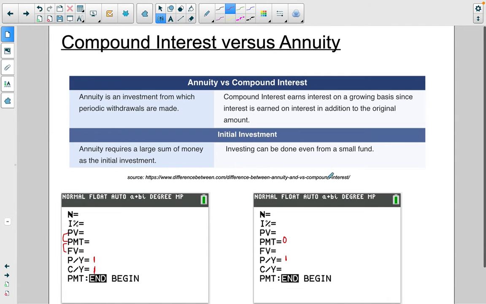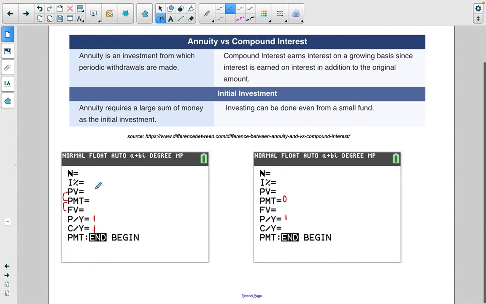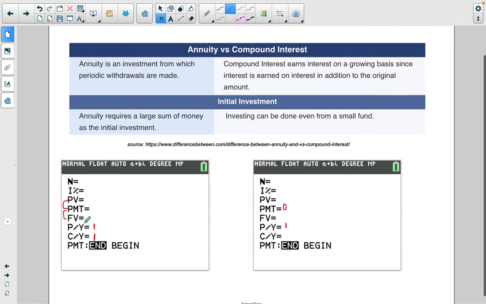So when it comes to annuity and compound interest questions, for annuity, one thing you'll keep fixed is the P per Y and the C per Y. They will remain as 1. And then you either use a present value and the payment, the PMT, or you use the PMT and the future value, depending on what the question has.